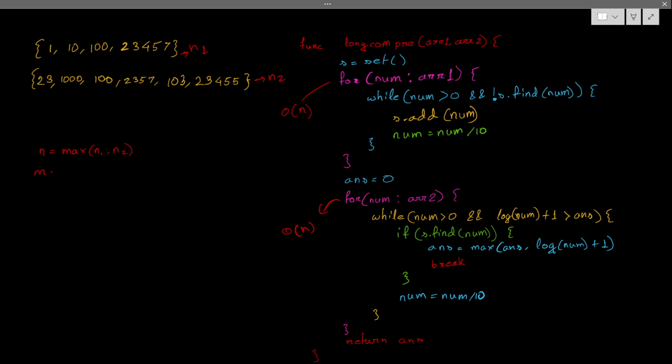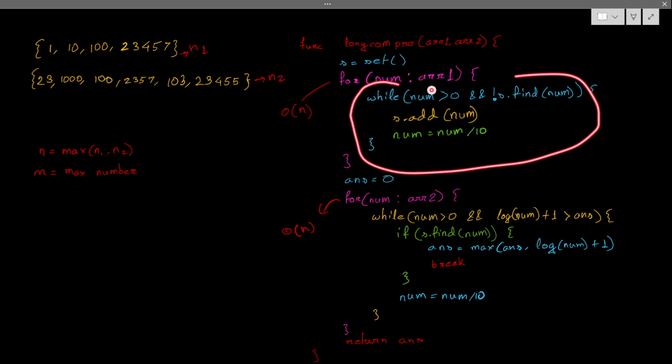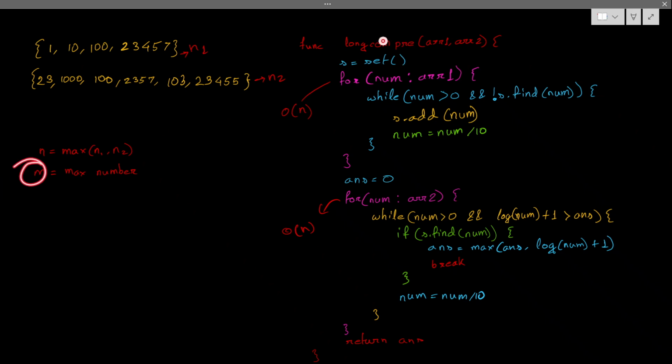Let's say m is the maximum number. The maximum number has the maximum number of digits, so the loop runs as many times as there are digits in the maximum number. So this will run big O of log of m.